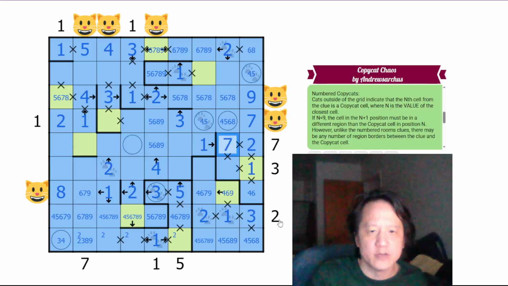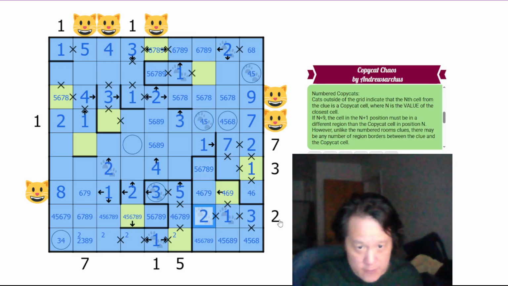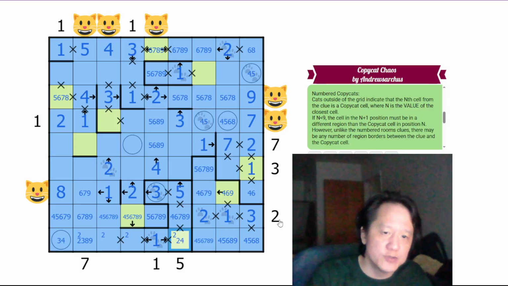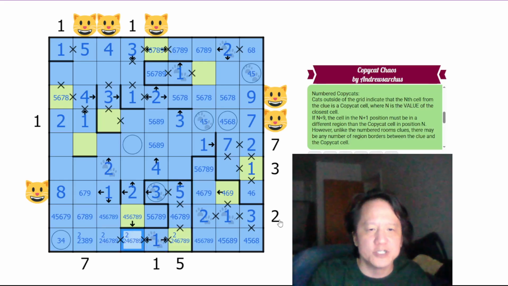No 7 here because of 7 in the column. Remaining digits of this lower right hand region. This can't be 4. It's 4 through 9. We have 2, 4, 6, 7, 8, and 9 for the cells in the lower central region.